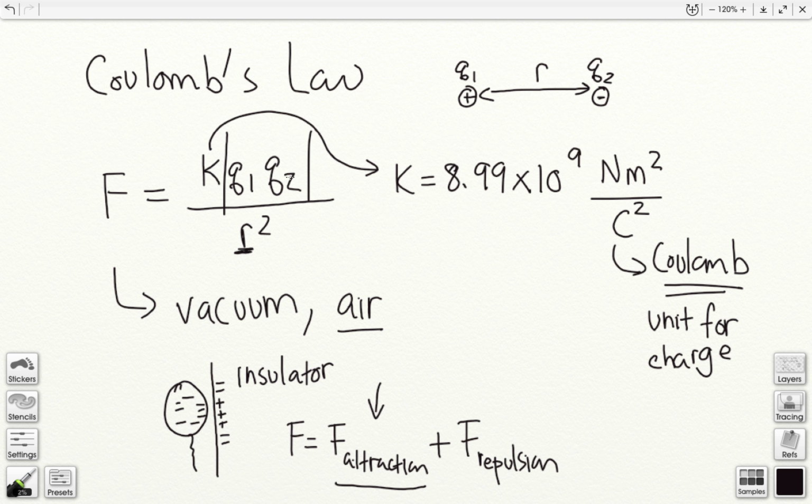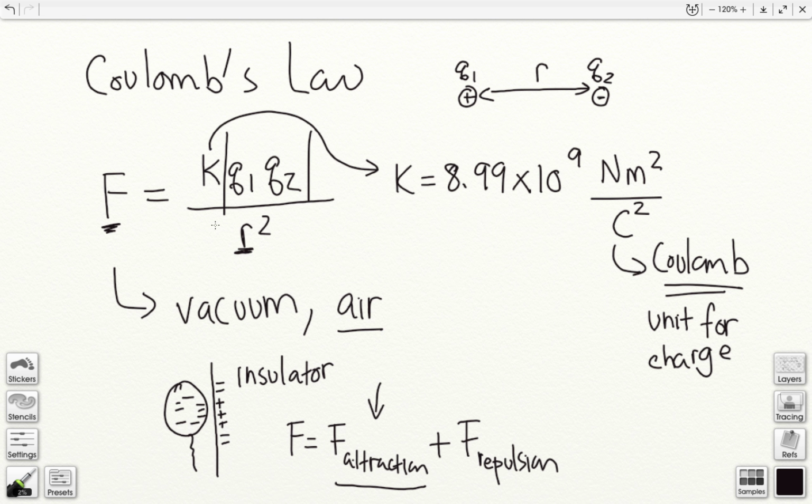That's another reason for the absolute value. This force works for both attraction and repulsion forces, so no matter what the sign of your charge is, you take the absolute value.